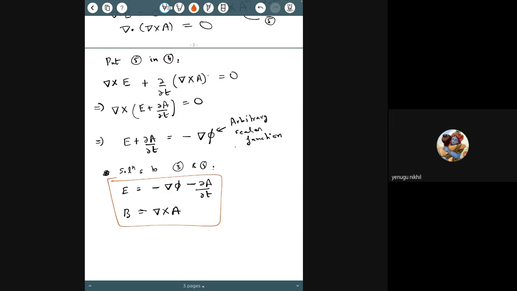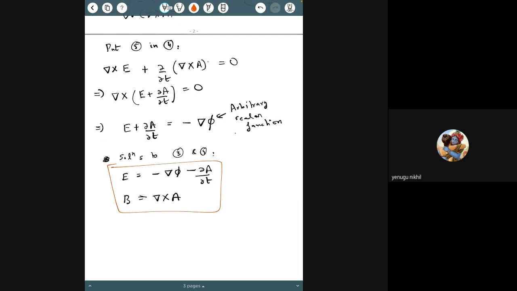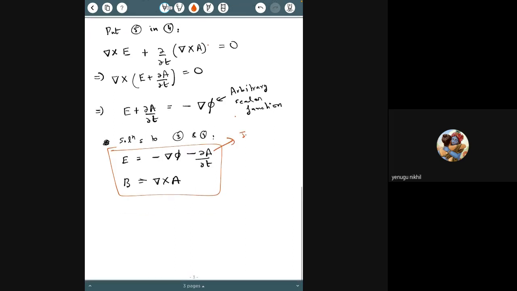If we take static fields, then the change of, and this also in most cases will be 0 for us. So just the fact that E equal to minus grad phi and B equal to curl of A, just this much conclusion from Maxwell's equations is good enough for us.